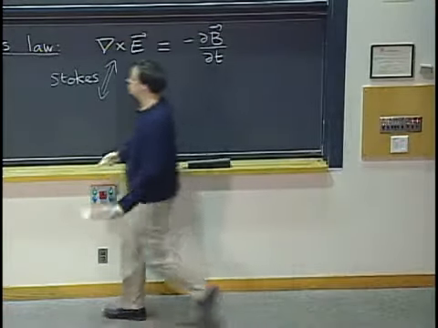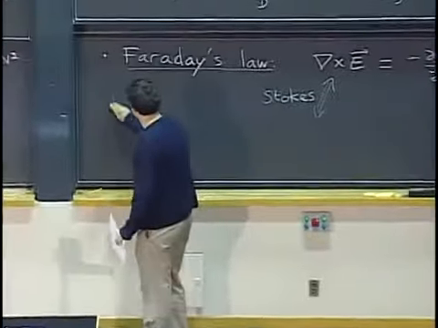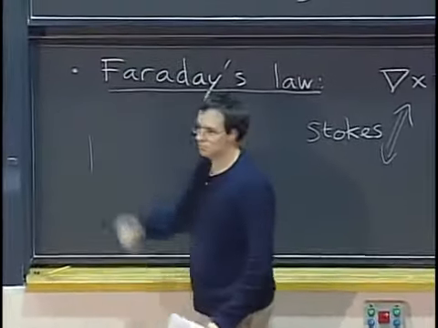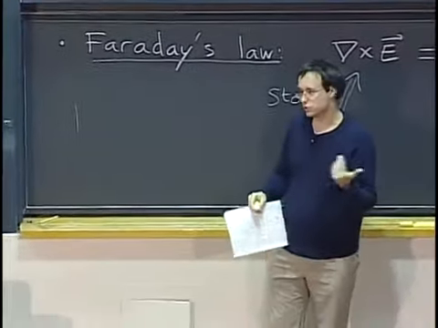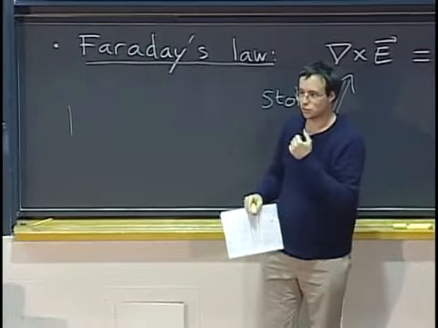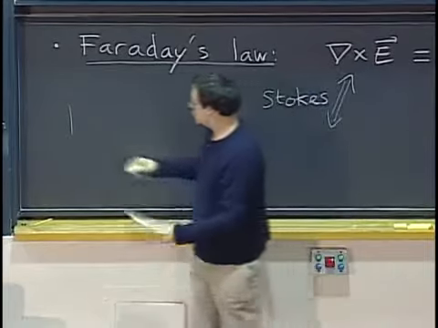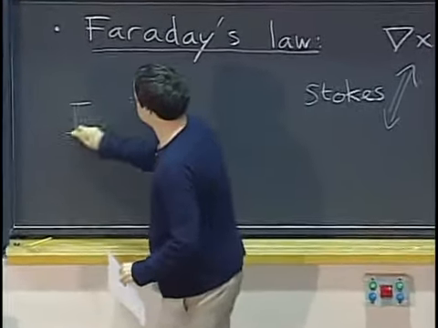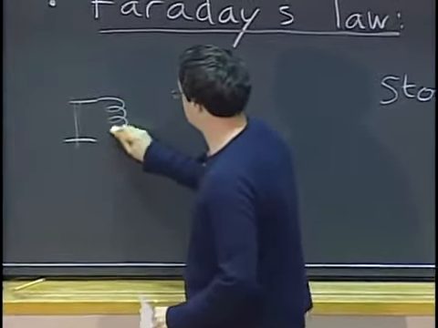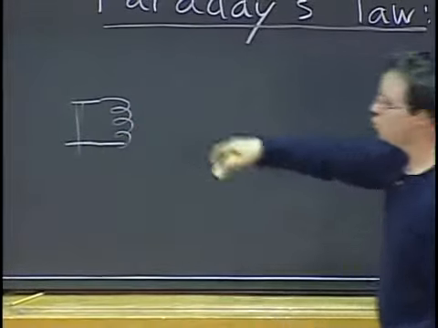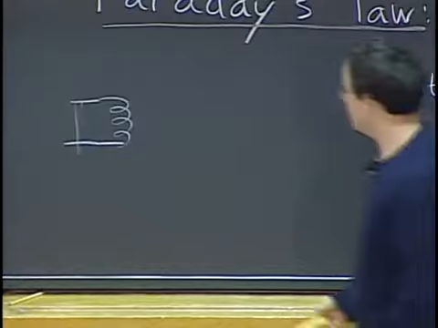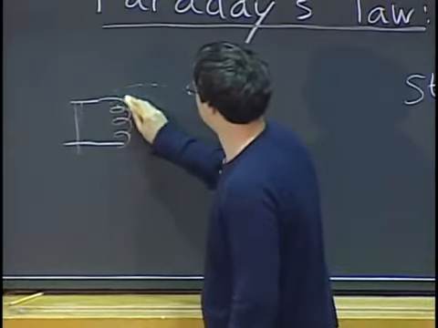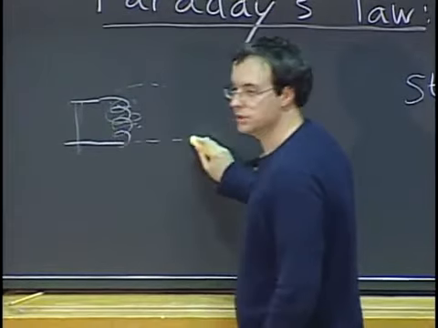So a transformer: when you plug your laptop into the wall socket, you don't actually feed it directly 110 volts or 120 volts or whatever. There's a transformer in there. And what the transformer does is it takes some input voltage and it passes that through basically a loop of wire. Okay? Not much seems to be happening. But now you have another loop of wire that is intertwined with it.